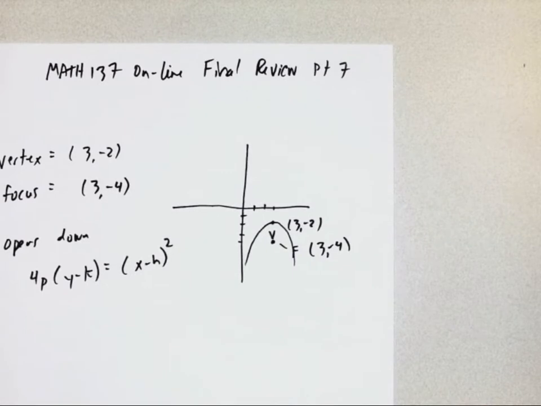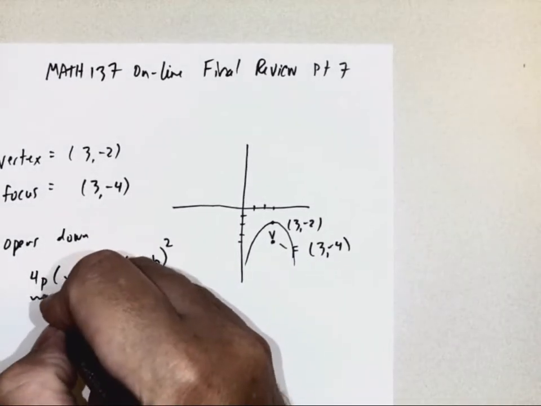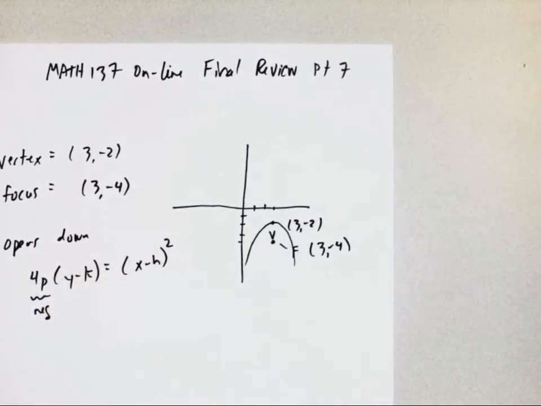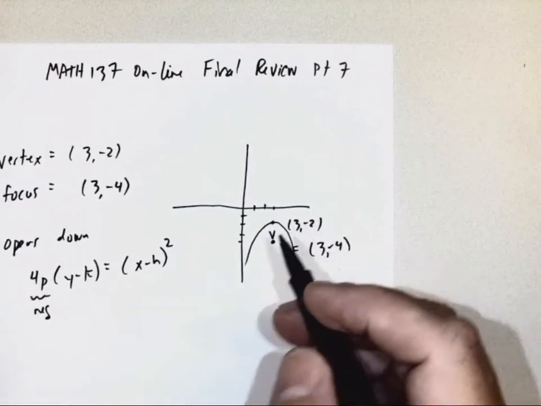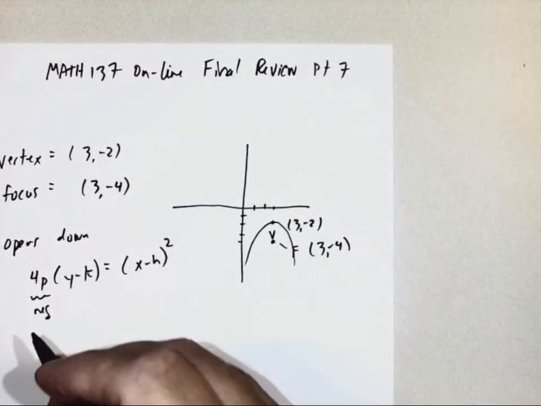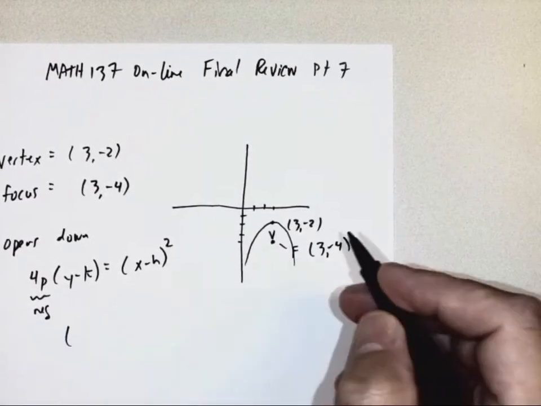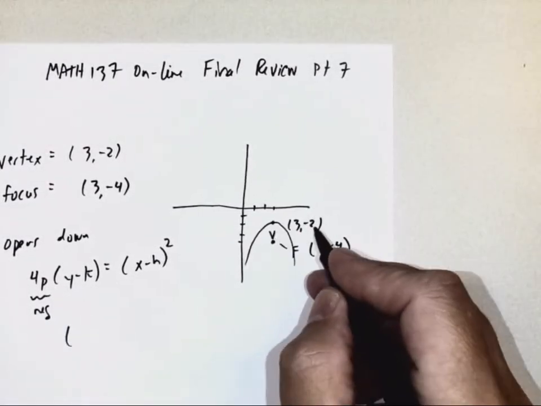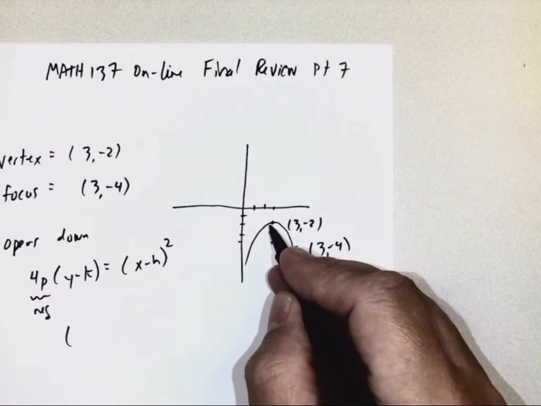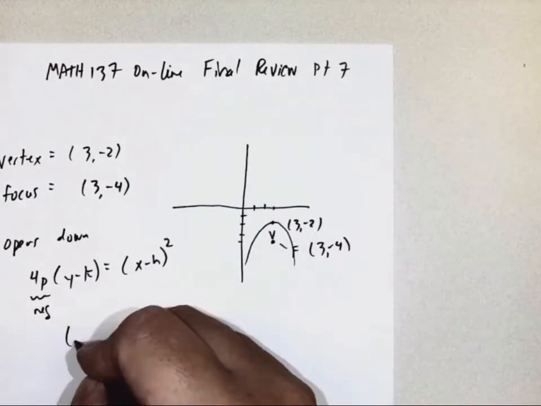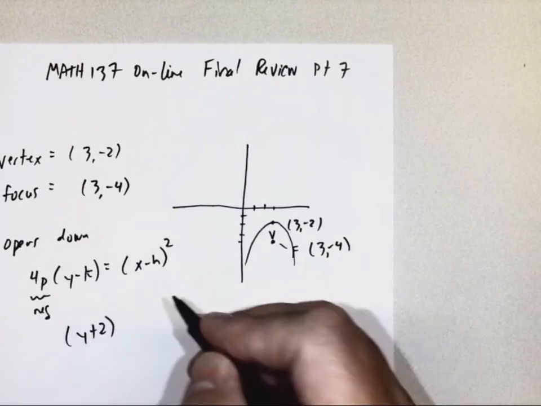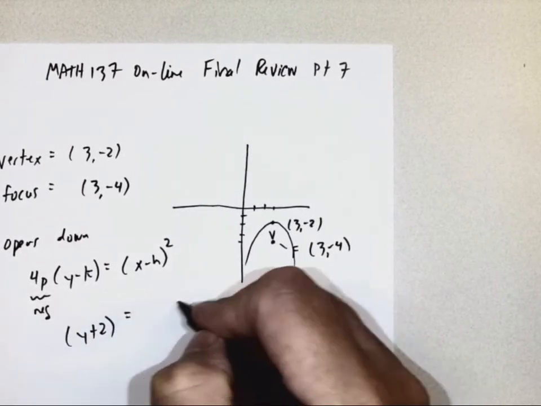And because it opens down, I know that eventually, when I'm all done, p has to be a negative number. So first of all, the h and the k are my vertex. So I can write y minus k. Now it's minus 2, so it's going to end up being y plus 2.